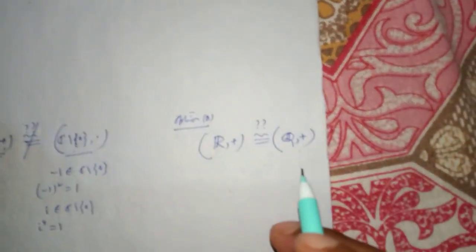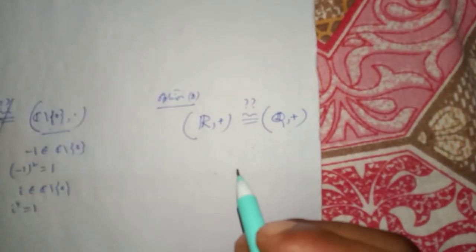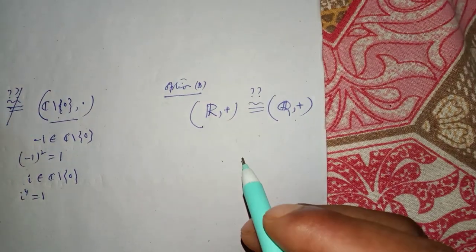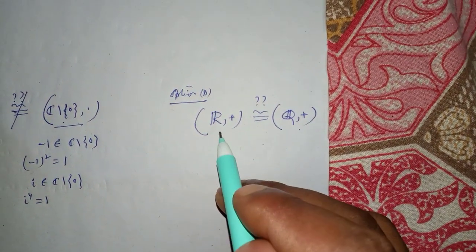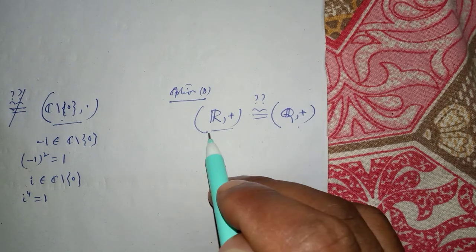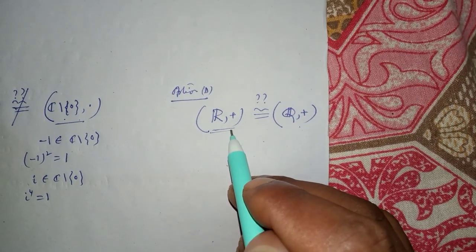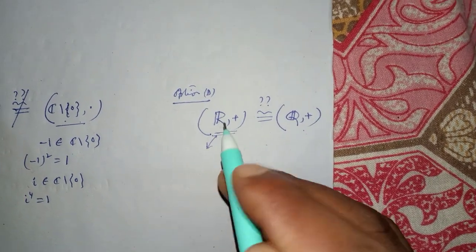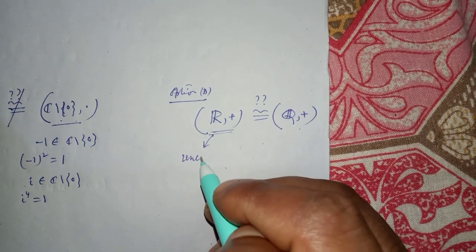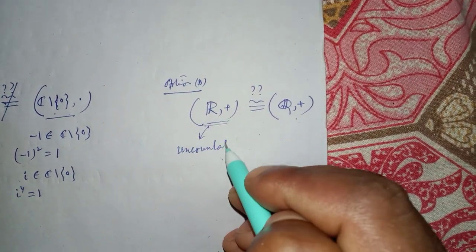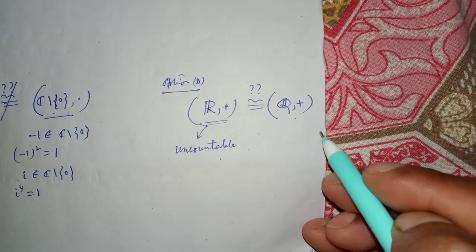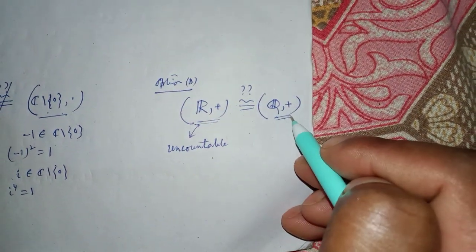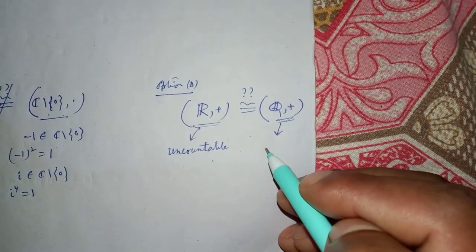For option D, the additive group of real numbers is uncountable, but the additive group of rational numbers is countable.